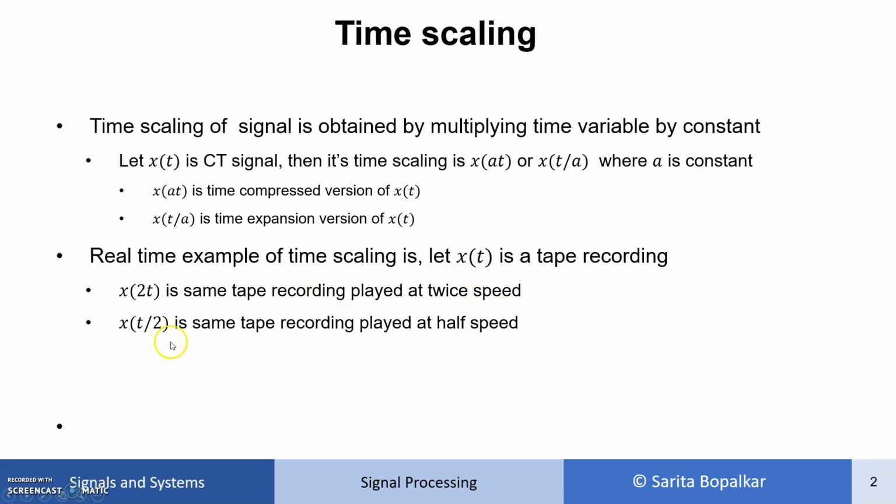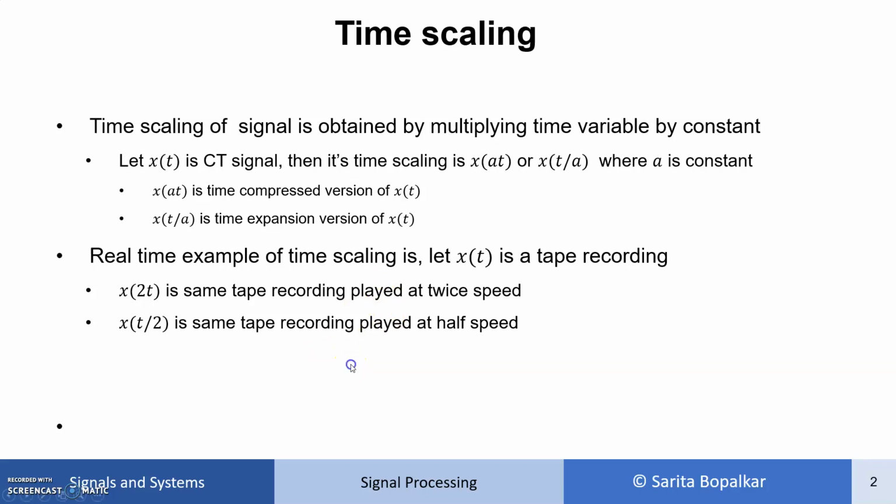And x of t by 2 is the expansion version, and this is nothing but the same tape recording played at half speed. So in the case of this tape recording, the compressed version means we are increasing the speed of the tape recording, and the expansion version means we are slowing down the speed of the tape recording.